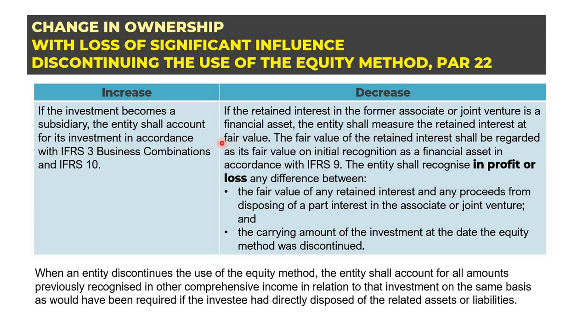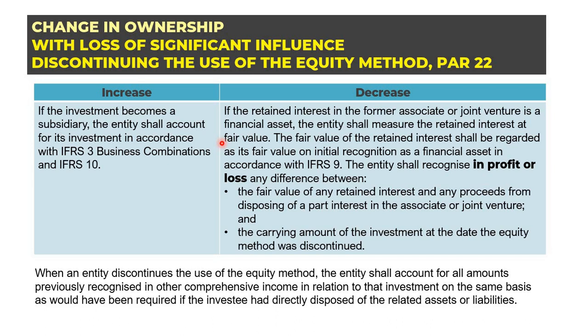So, earlier, when we sold the 30,000 ordinary shares of DEF, our ownership decreased from 25% to 18%. Our assumption is that as the ownership decreased, we also lost significant influence over the associate. So, that is the time we discontinue the application of the equity method, and we remeasured the retained interest. Our retained interest earlier is 70,000 ordinary shares of DEF.